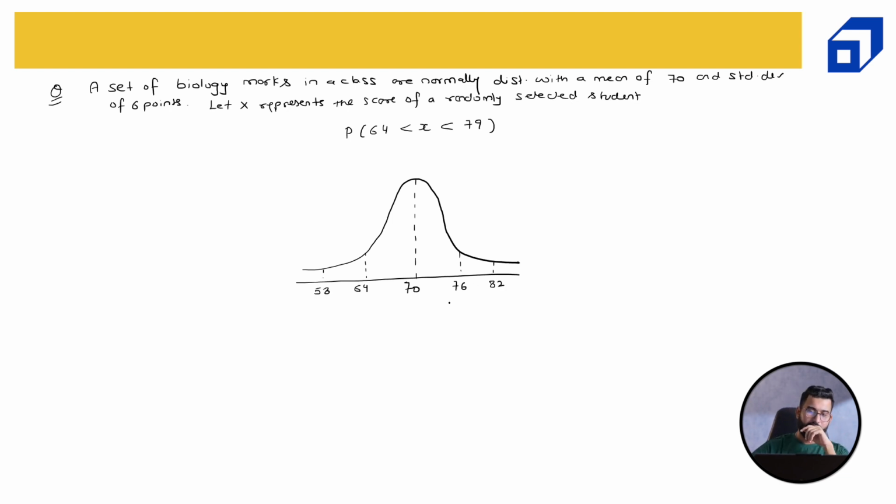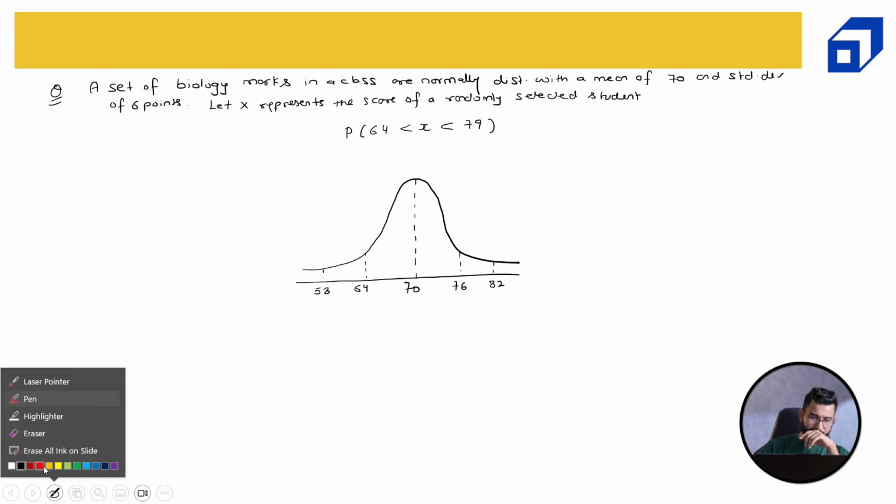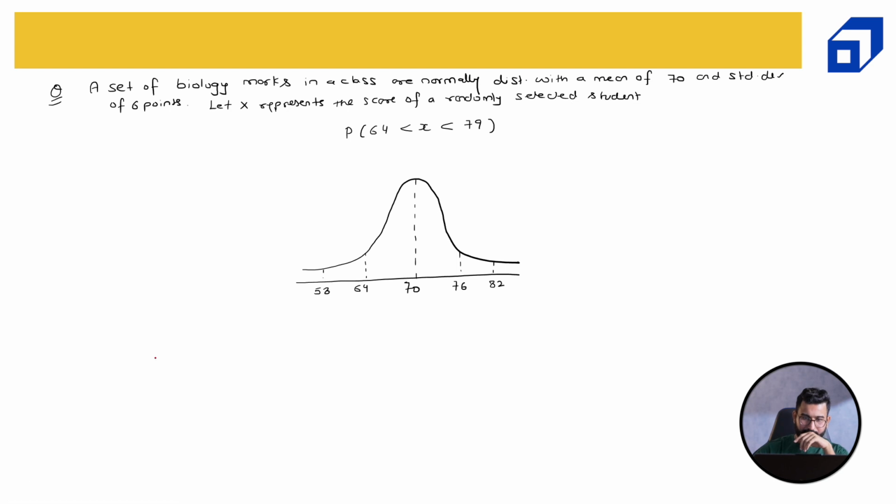Now I need the probability between 64, which is this point, to 79, which is between 76 and 82, right? So from 76, if I go half a standard deviation above, this will be 79, right? So this is the area which I'm looking to find out.